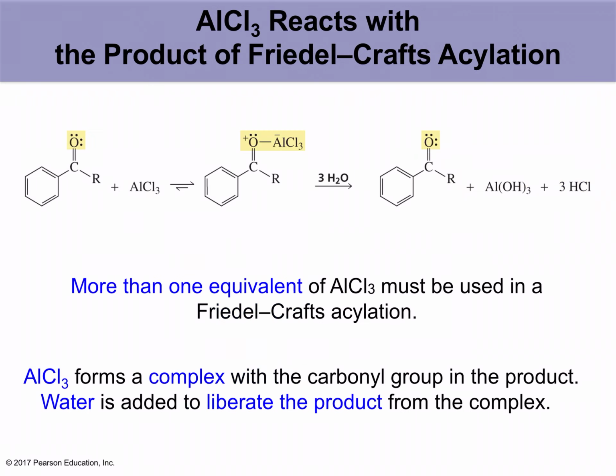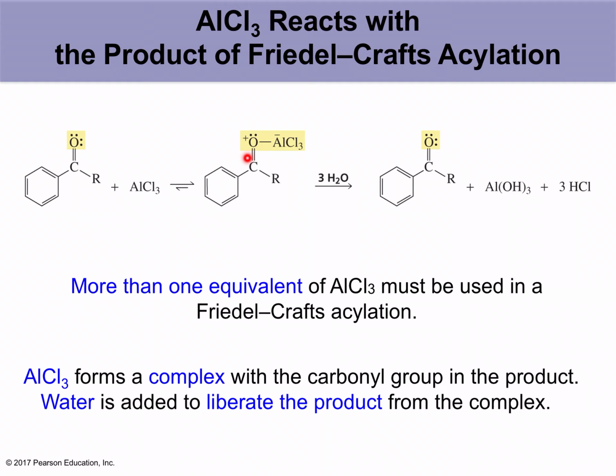Aluminum chloride reacts with the product of Friedel-Crafts acylation. Now let's see, we used aluminum chloride for this reaction to take place. Once the acyl group is on the benzene ring, aluminum chloride, remember we talked that it is a Lewis acid, and here you have a Lewis base having lone pairs on oxygen. So there is a Lewis acid-base reaction, and the aluminum chloride will form a bond with the oxygen.